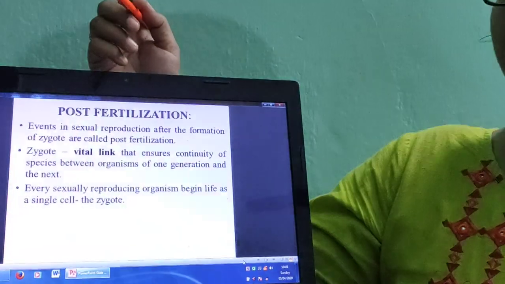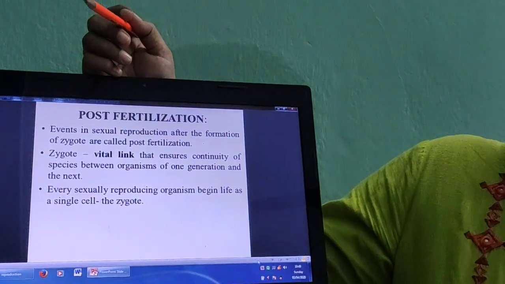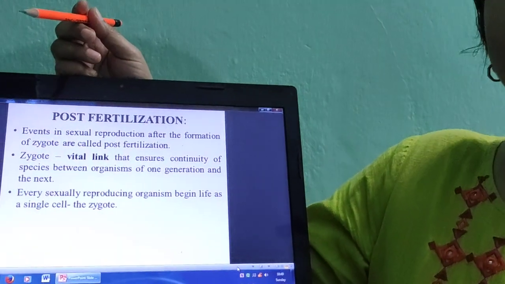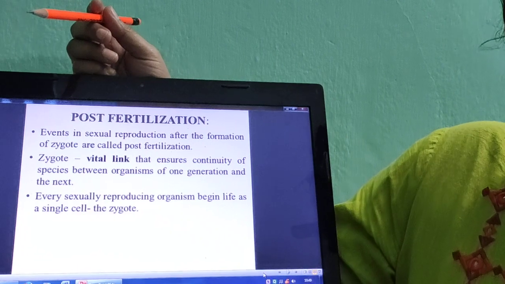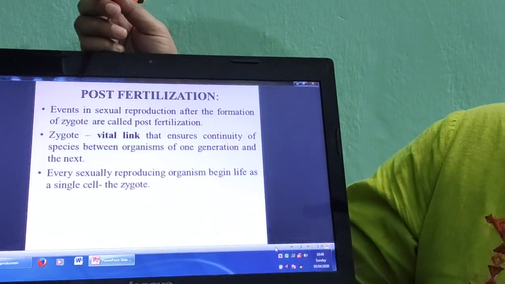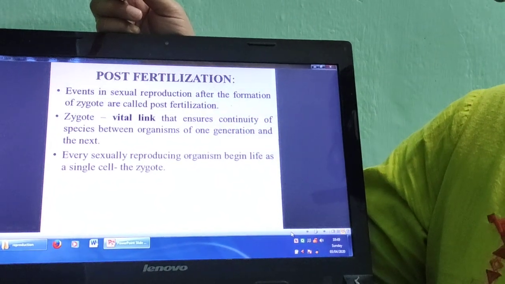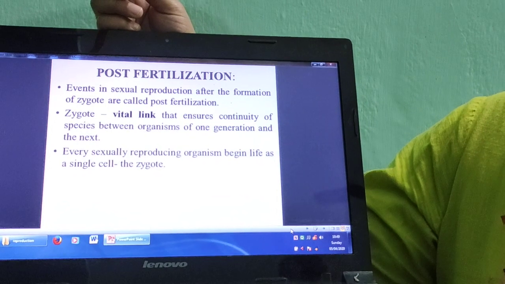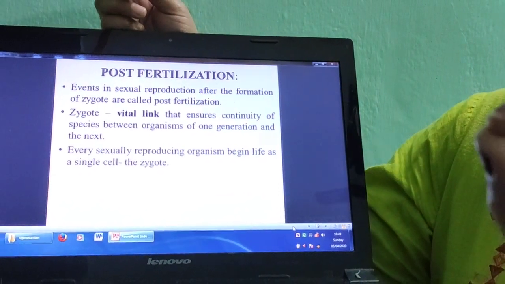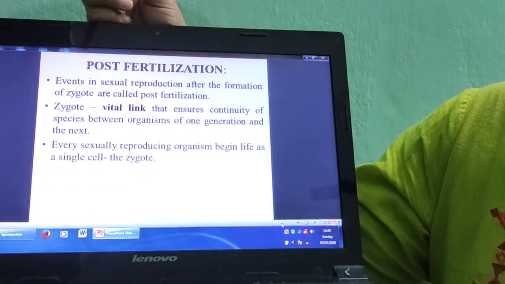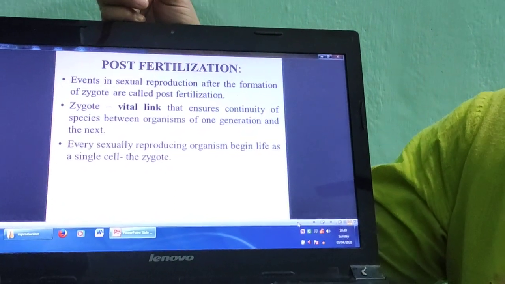So here you remember, before starting how the zygote develops to the offspring, the zygote is the vital link between the parental generation and the offspring generation, or it is the link for the continuity of the species from one generation to the next generation.